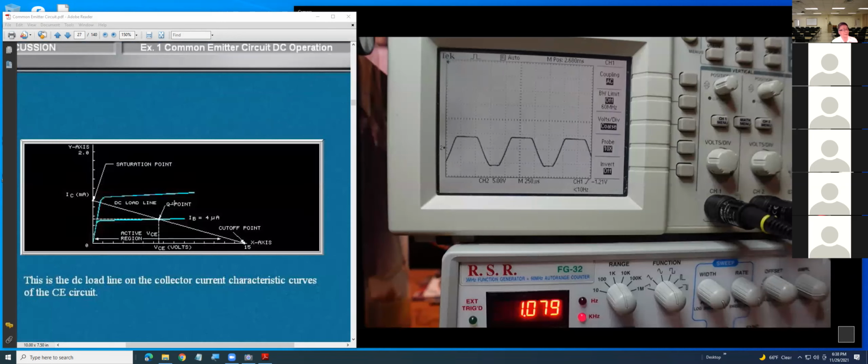Also they give you more explanation on the DC load line.